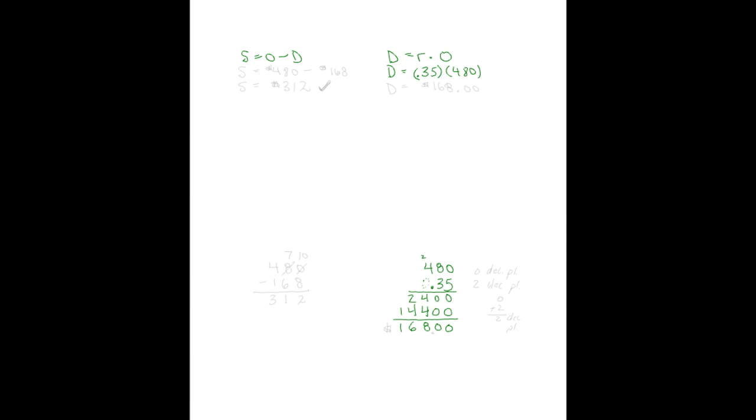And then we have to keep track of how many decimal places were in each factor. Here we had 0 decimal places. Here we had 2 decimal places. So our final answer is going to have 0 plus 2, or 2 decimal places. And we can put that decimal right here. Of course, we're dealing with money, so the actual discount amount is $168.